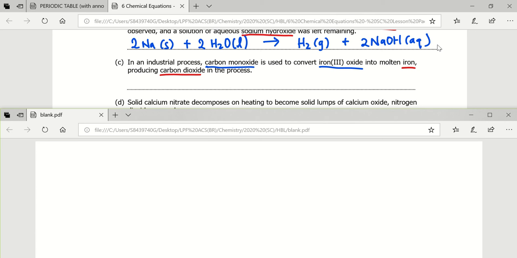Okay, so our last question is on C, and here we have carbon monoxide as a reactant, converting iron 3 oxide, another reactant, into iron product and carbon dioxide product. So let's write it down.